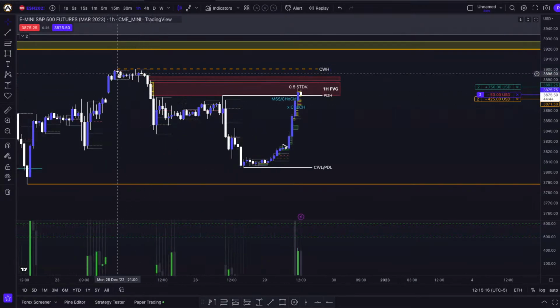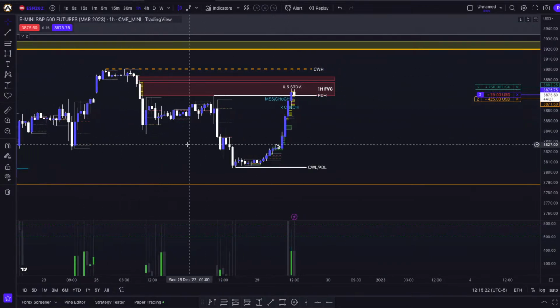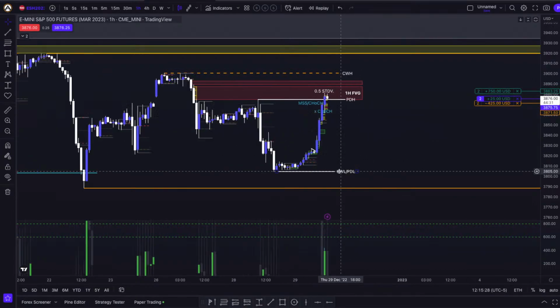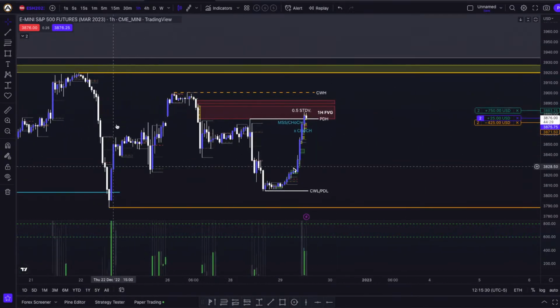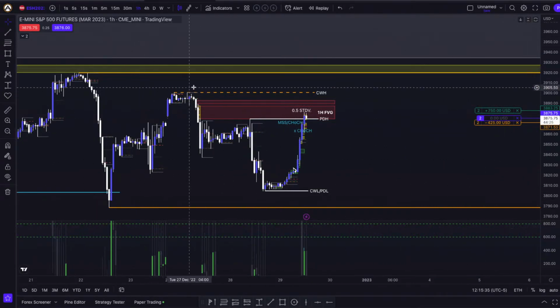We have our current week's high that has been formed on Monday, 26th of December, on the chart as well. And then refine your fair value gaps down to your lower time frames like we did here. Right now we're basically just ranging, but with enough momentum to trade it on a low time frame.